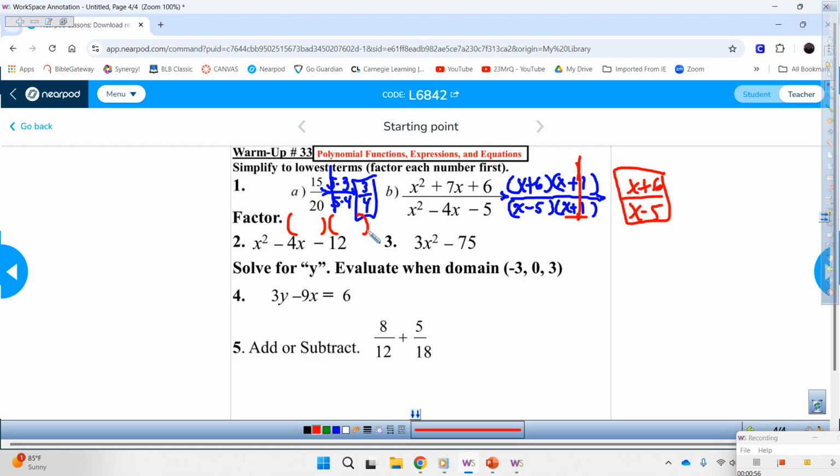Caitlin, factors for number 2. Negative 6 and 2, that means X minus 6, X plus 2. Hands, have you got that?